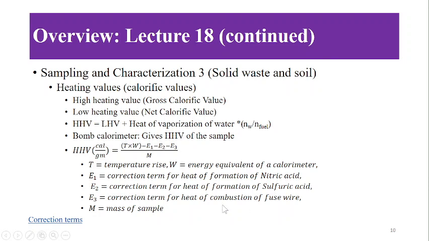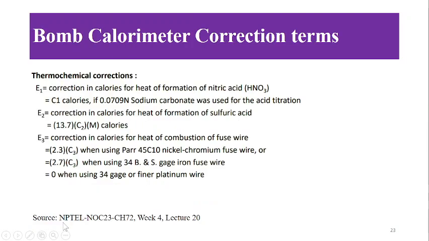These correction terms are used in such a manner that the correction in calories for heat of formation of nitric acid is obtained by using sodium carbonate to titrate the nitric acid and measure the nitric acid present through titration.